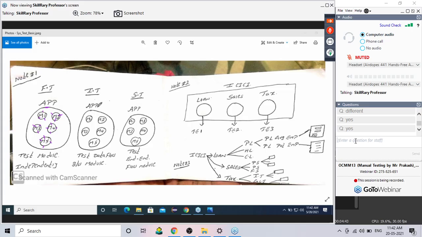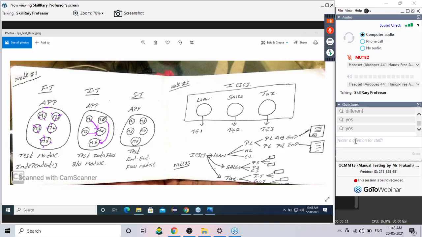Now immediately they say, let us start integration testing, because one module separately we have tested, but there may be a flow between these two modules. Correct? Or there may be a flow from M3 to M4 also.